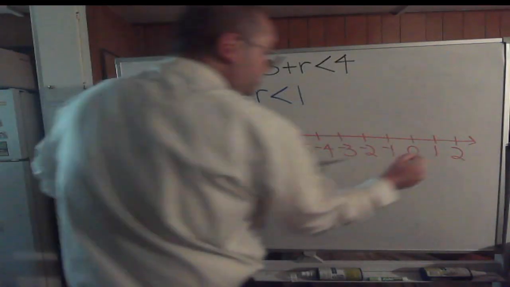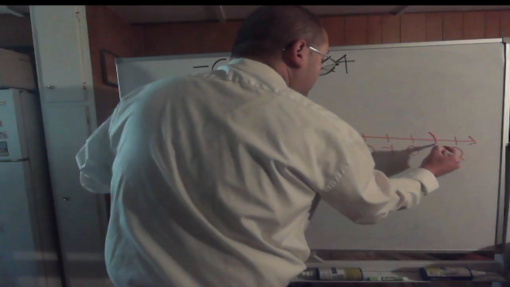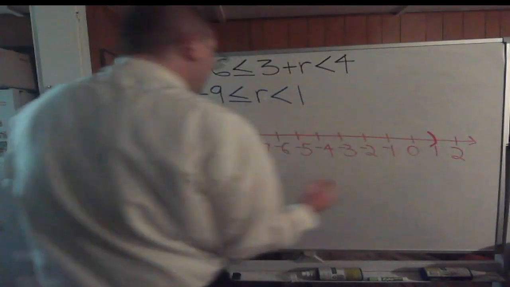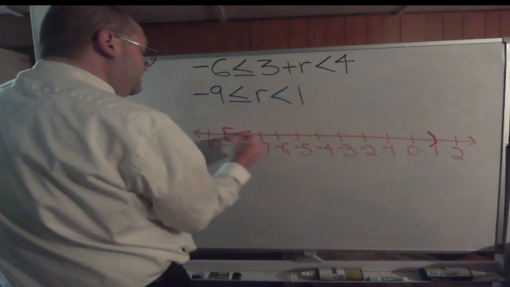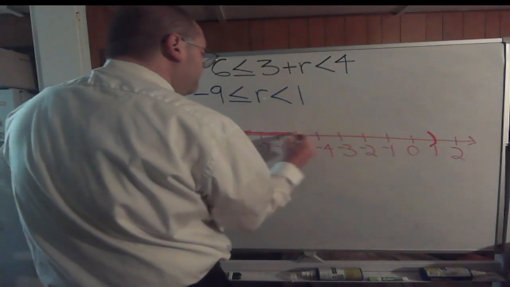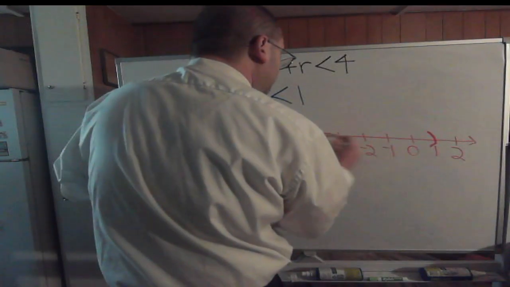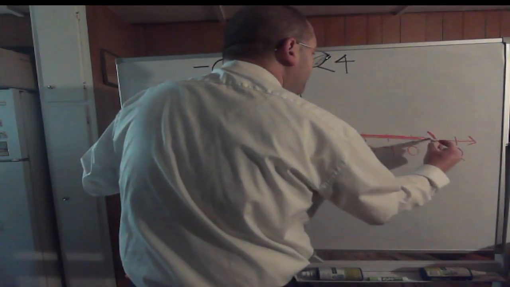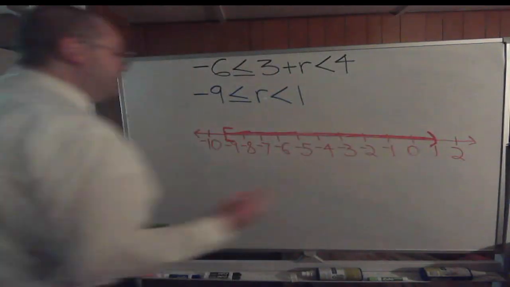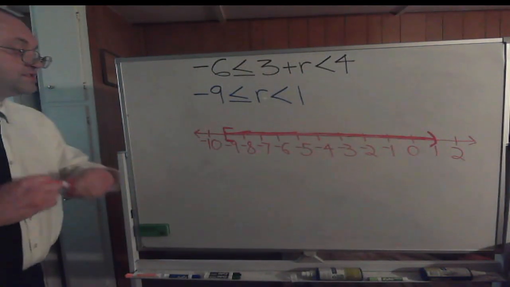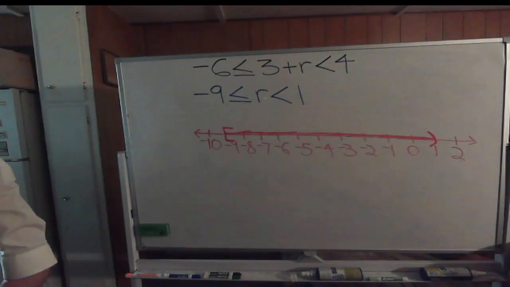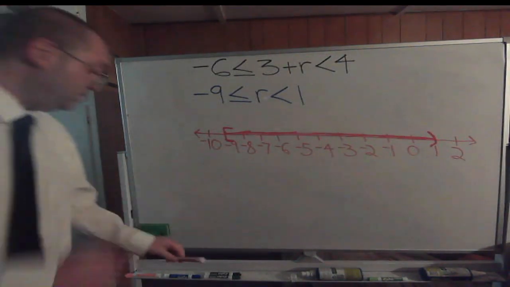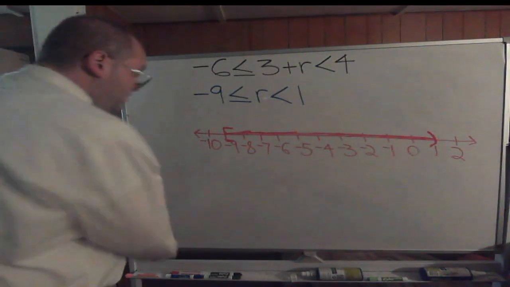But the open part of the parenthesis will face towards the left. So then, of course, between -9 and +1, you're going to shade the entire region. And that would be how you graph the solution, with a bracket at -9 and a parenthesis at +1, and then you shade the entire region.